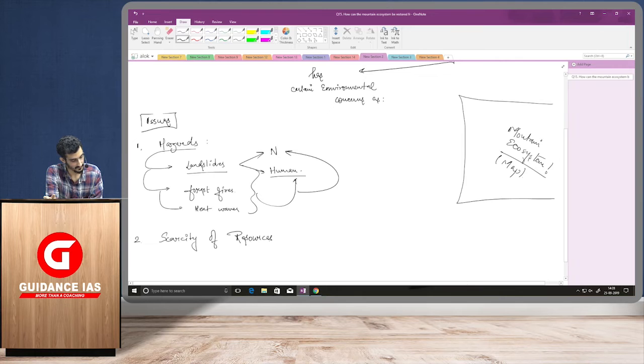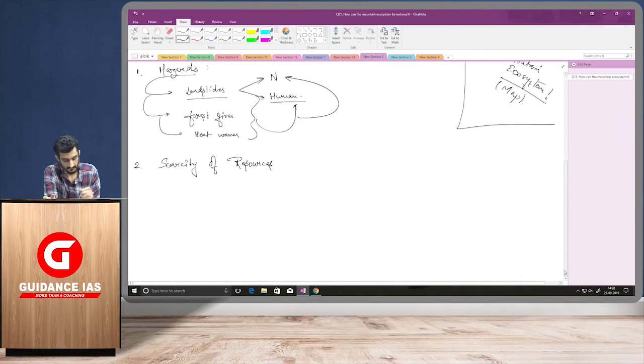Scarcity of resources, we have a very famous example in the past 2 years, that is the Shimla water crisis.